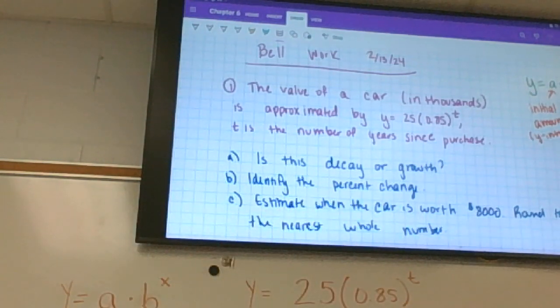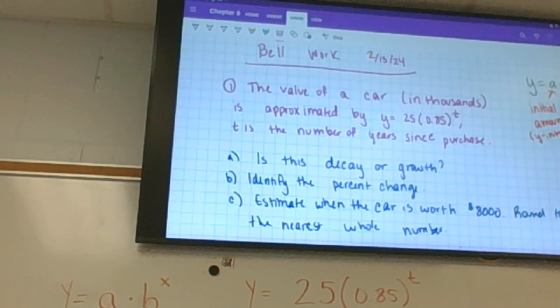The answer to letter B, percent change. Okay, so with decay, it takes a little bit extra thought.